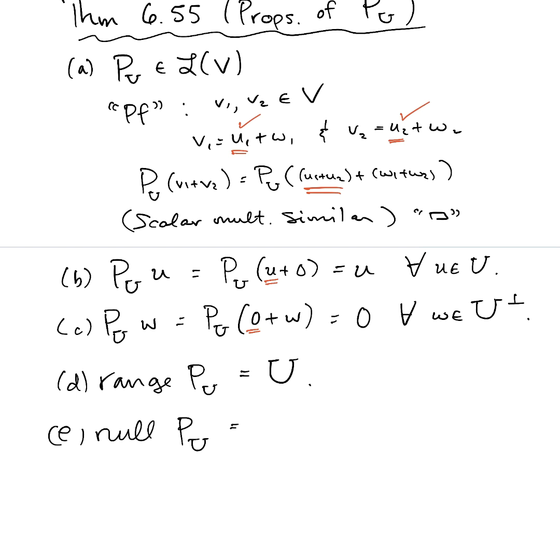Look at property C. Property C that we just wrote down says, well, certainly anything in U perp gets sent to 0. And if a vector got sent to 0, it's because the part of it that was in the subspace U was 0. In other words, you must have been purely in the green blob in the first place. Anyway, the null space of the projection is U perp.